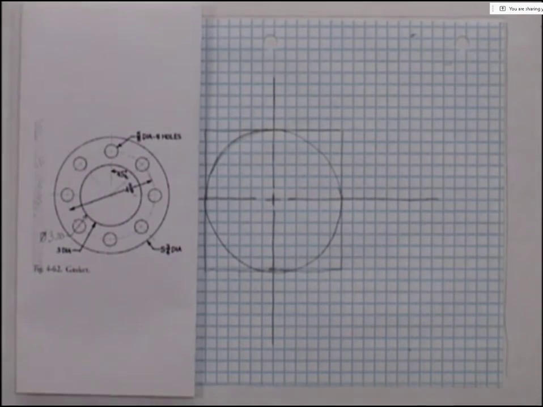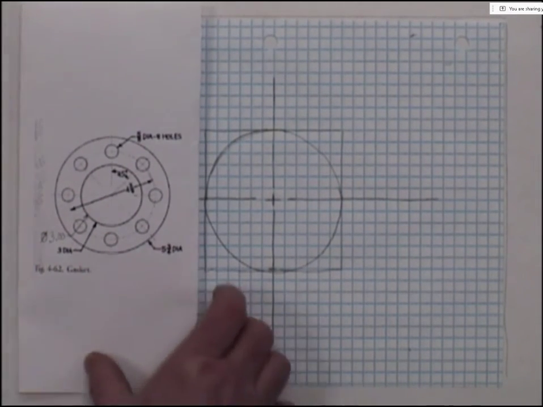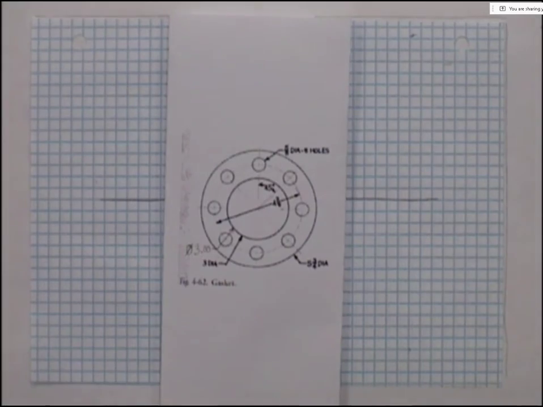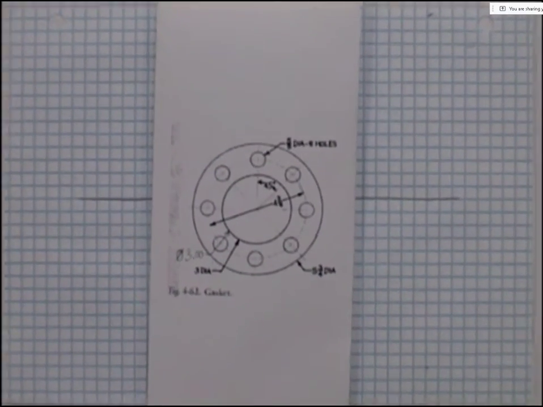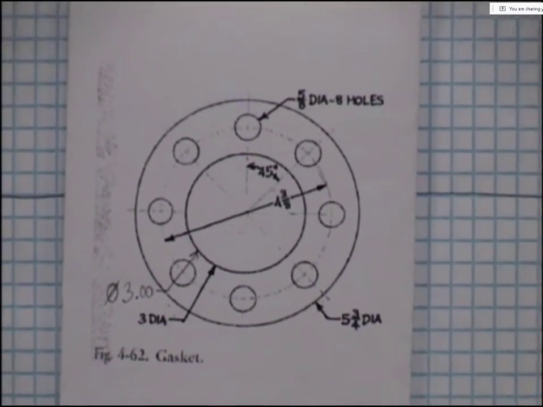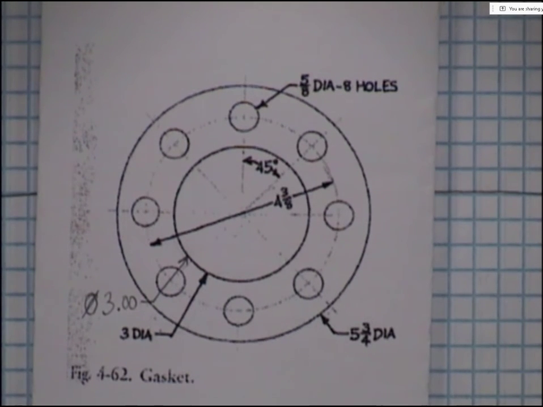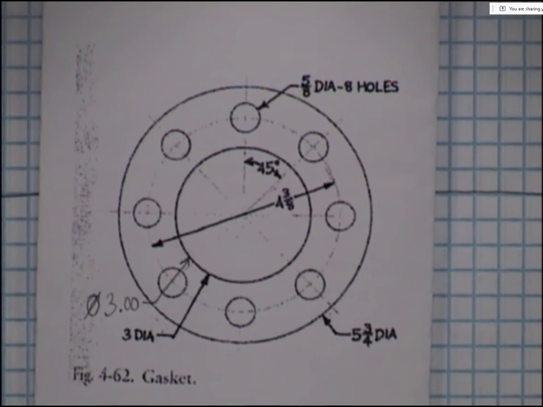So if we look at this bolt hole circle, the one that looks like the center line, that diameter is 4 3/8. So that's not going to be a multiple or a factor of the 1/4 inch that we have on our graph paper.